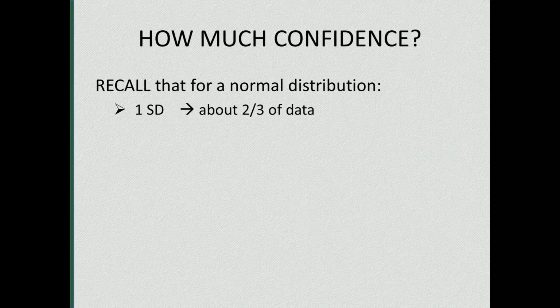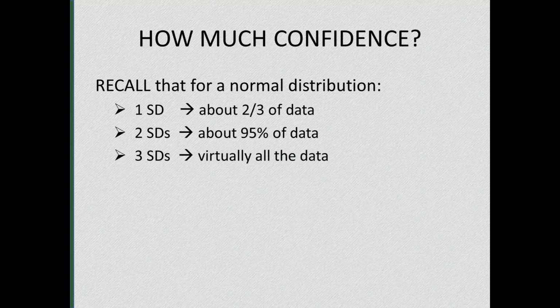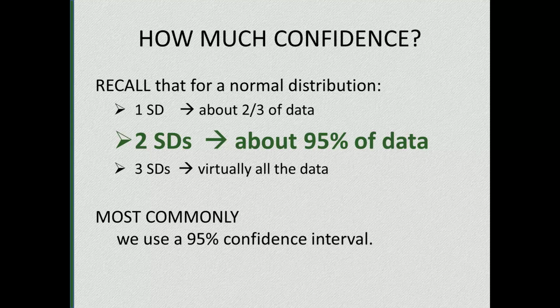That was about 2/3 of the data. 2 standard deviations was 95% of the data. 3 standard deviations, virtually all the data. And in confidence intervals, we most commonly rely on that second factoid. Use a 95% confidence interval, go out around 2 standard deviations.